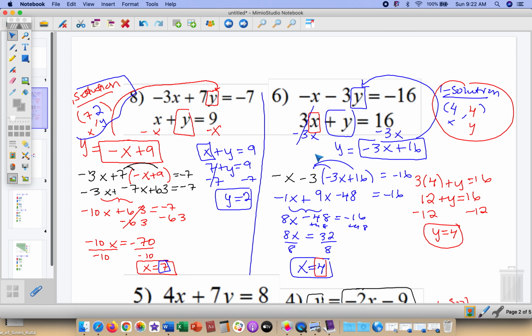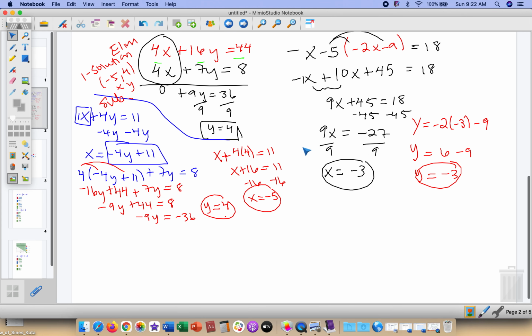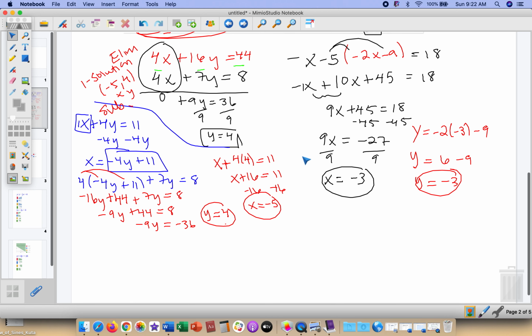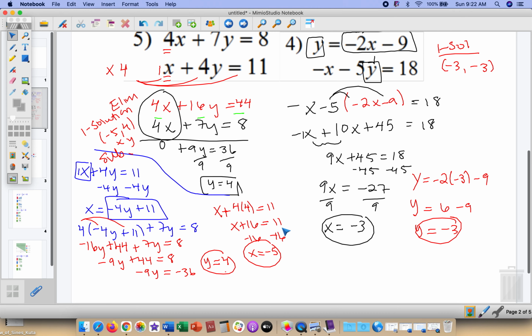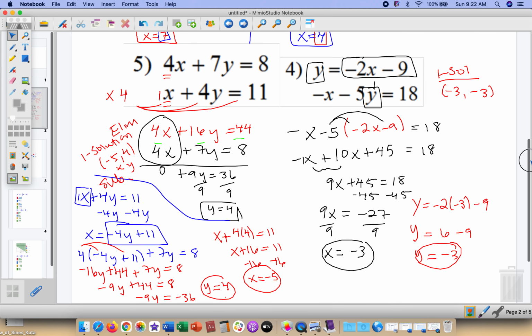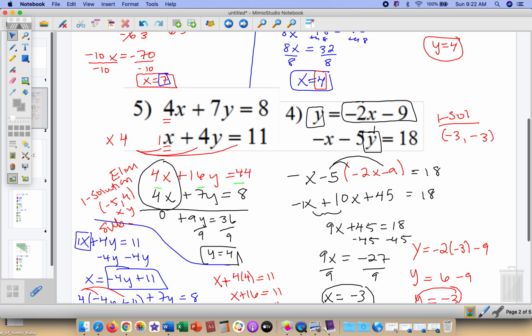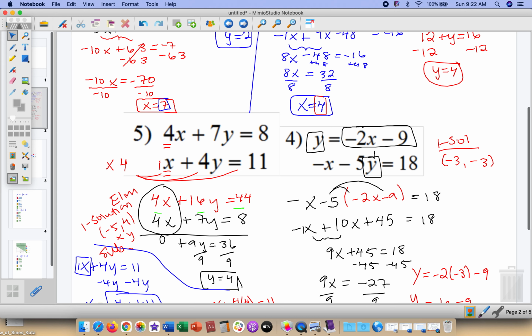Let's go back up here for 1 sec. So first of all, we did number 5 by elimination and substitution. You can do all of these problems using elimination or substitution. Let's go back to the first one we did.